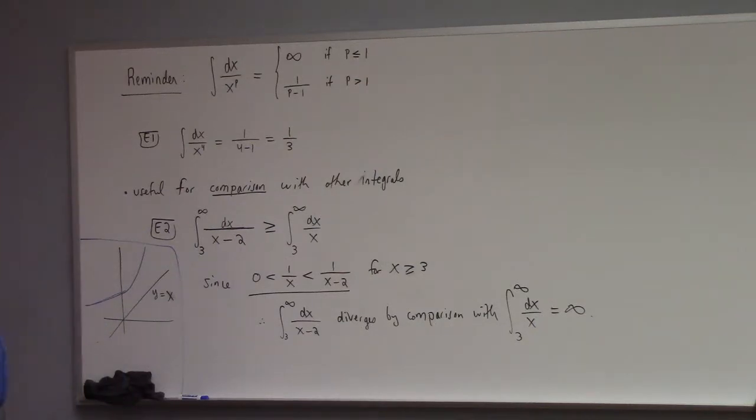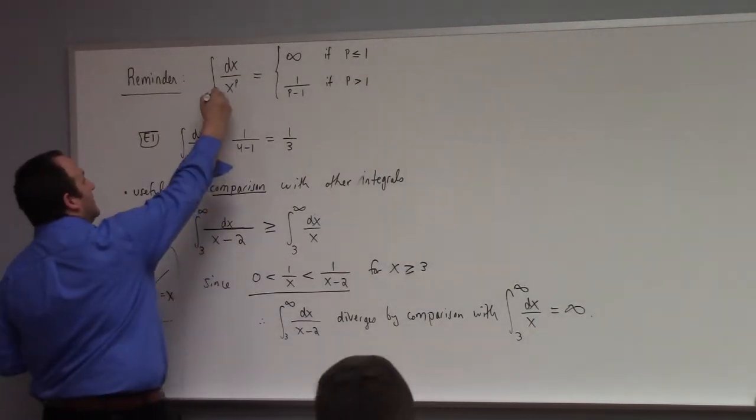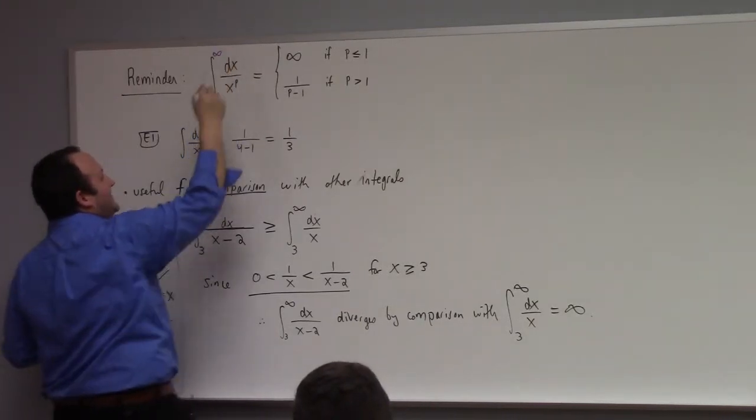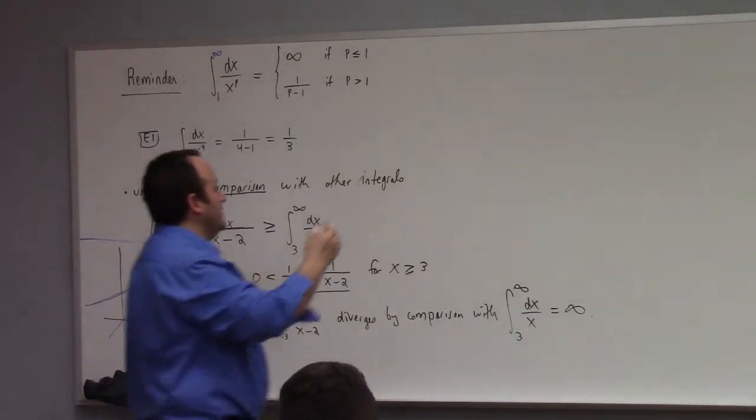Now, you're like, wait a minute, you didn't write it that way, because apparently you can't be trusted. 1 to infinity is what we proved last time, right? The thing is, it doesn't matter, right? We could also say this.